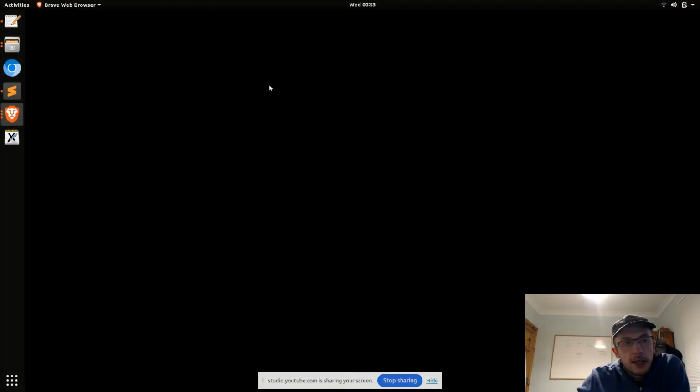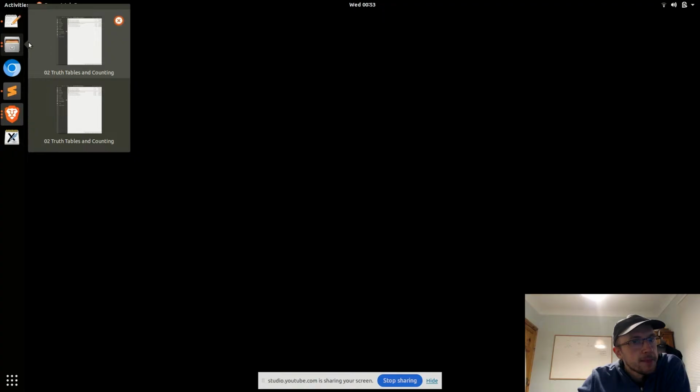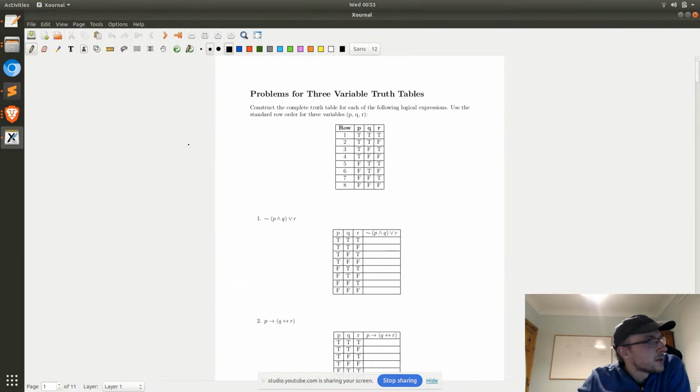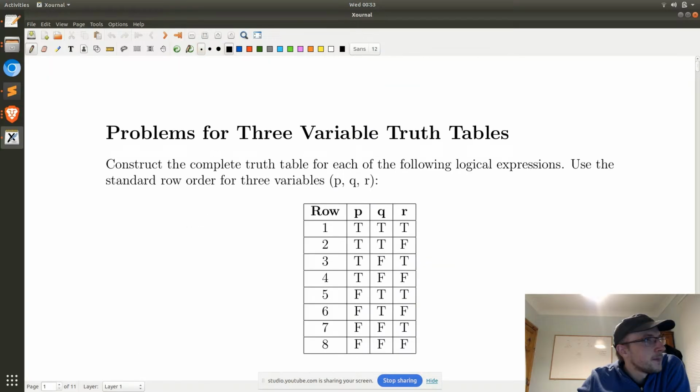Restart the PDF, which for some reason never seems to work upon first try. Still don't know why, but it's okay. And move it over. Make it bigger. And here we commence. Here we go.